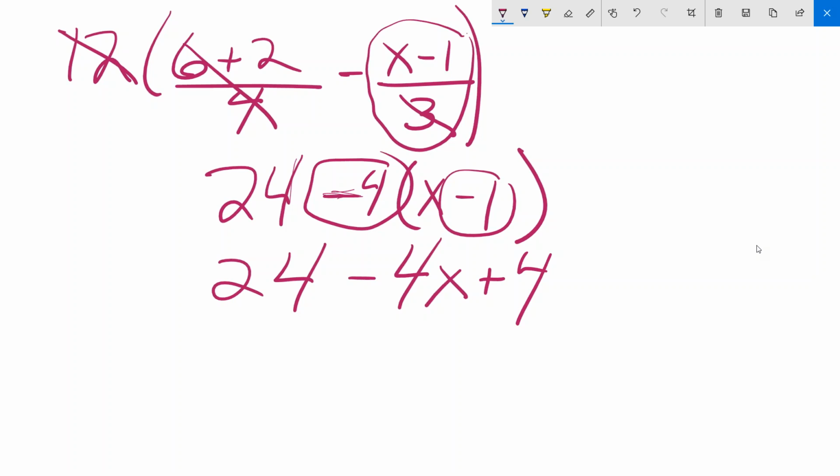Okay. Whenever you see subtraction and you see a rather complicated term, put parentheses around what is being subtracted. Because x minus 1 over 3 is what is being subtracted. Okay? And, okay, what do you got else?